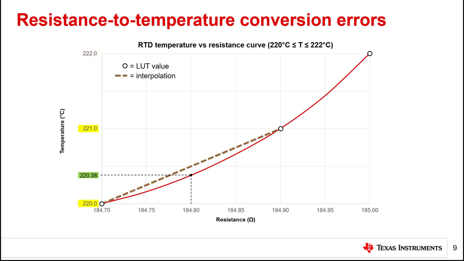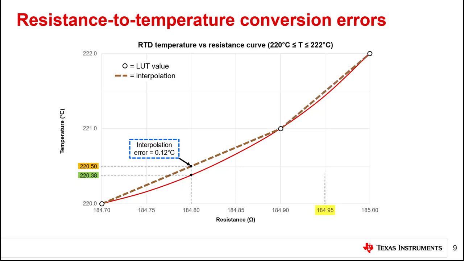In this specific case, the linear interpolation is performed between 220 and 221 degrees Celsius, as shown by the brown dashed line. Applying the interpolation algorithm results in a calculated temperature of 220.5 degrees Celsius, highlighted in orange. This represents an error of 0.12 degrees Celsius compared to the actual temperature.